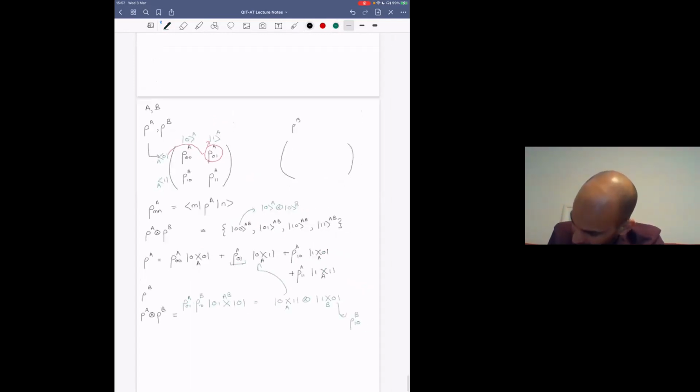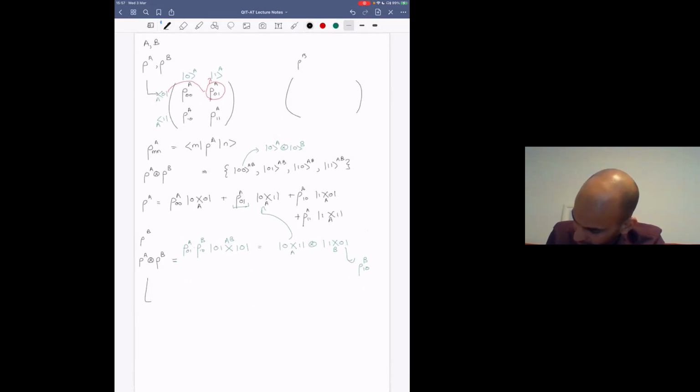So as a result, this written as a density matrix is going to look like the following. Keeping in mind again that the basis that I'm working with is 0,0, 0,1, 1,0, 1,1, both for the rows and the columns, the states here are going to be 0,0 on A, 0,0 on B. Here, A is still 0,0 because it's this one and this one, but B is now 0,1.